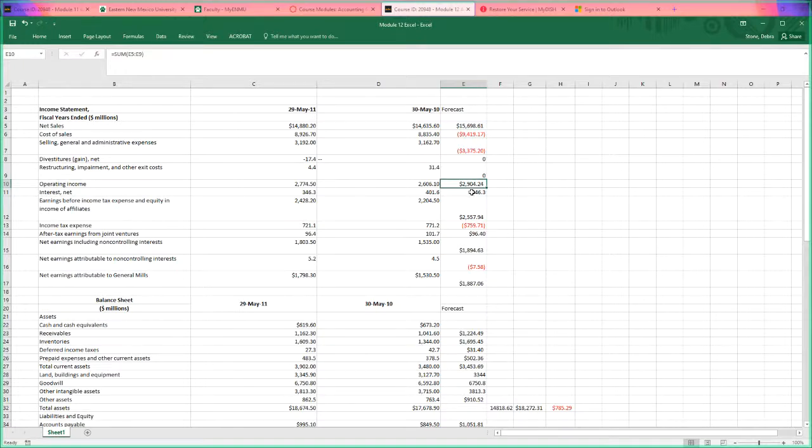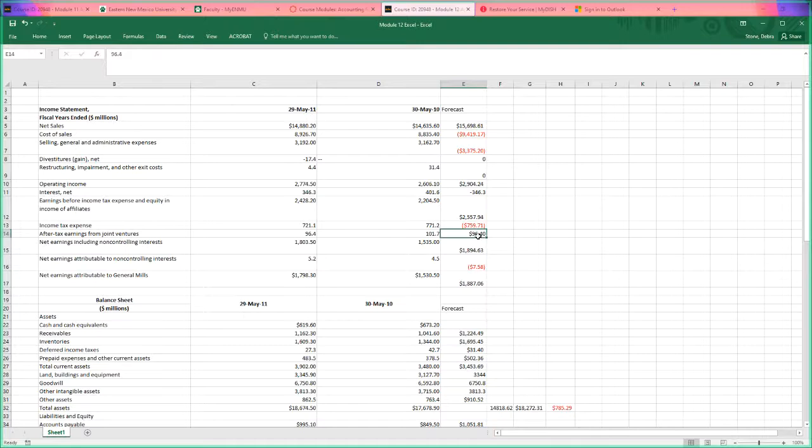Some of them are just numbers that are given to you, and some of them you have to calculate. You can see some of them are just sums, like earnings before income tax and equity. Here's our income tax expense. It's 0.297 times E12, which is the earnings before income tax.